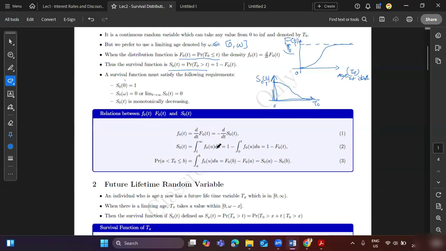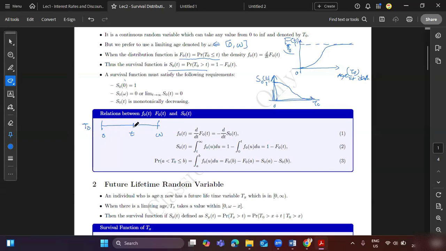Since it is a differentiable function, if you know the density, we can find the survival value directly. Suppose this is the maximum value, and this is the starting value t naught for the random variable, and this is the t where we are interested in the time point.